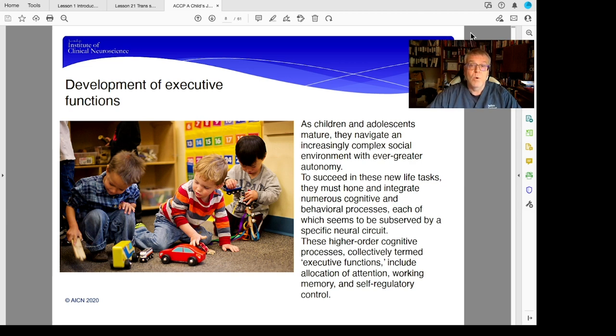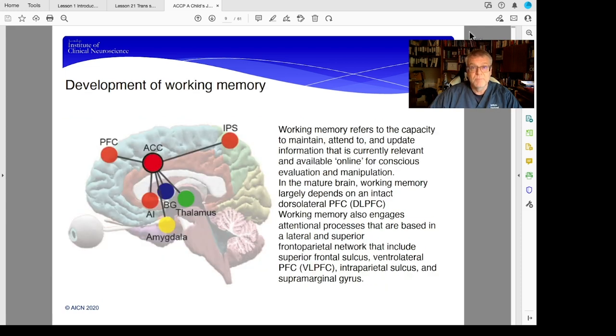How much of my working memory do I use to solve a certain task? And how do I regulate my emotional outbursts or my emotional interaction with the world? So these are the main components of the executive function.